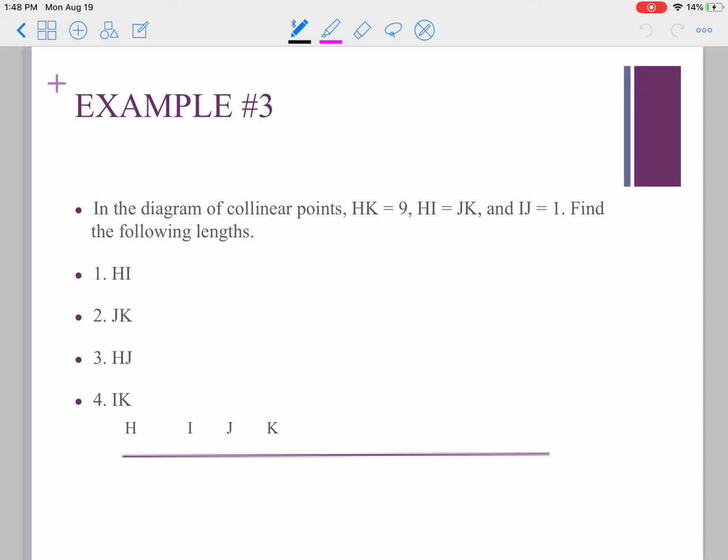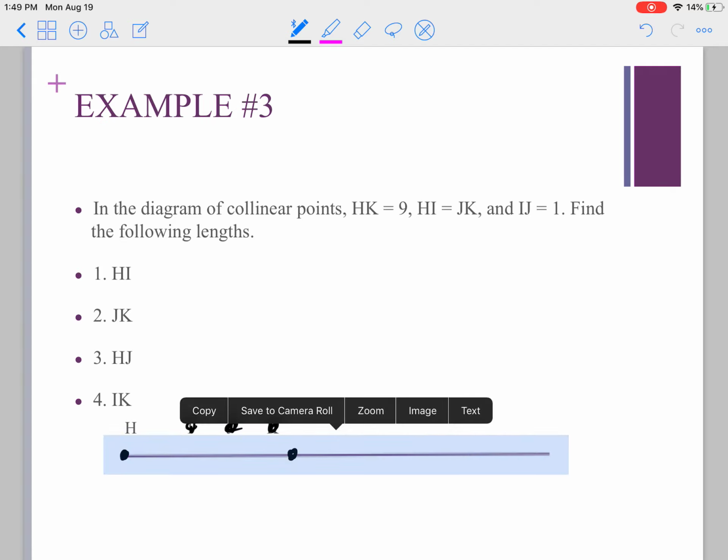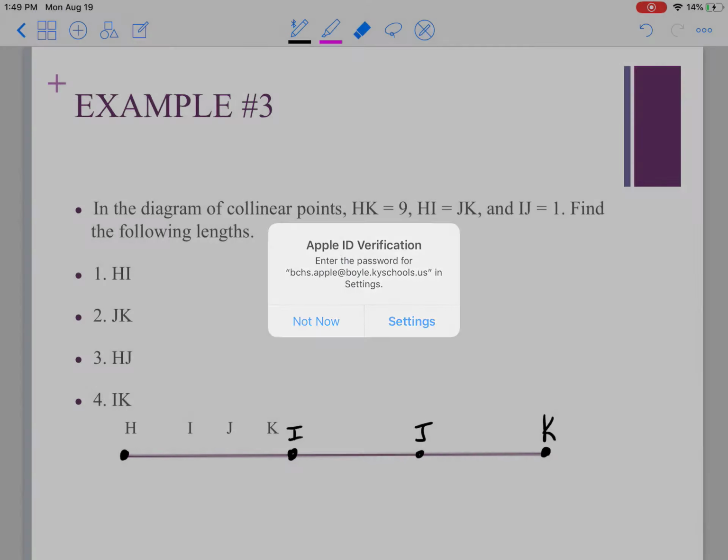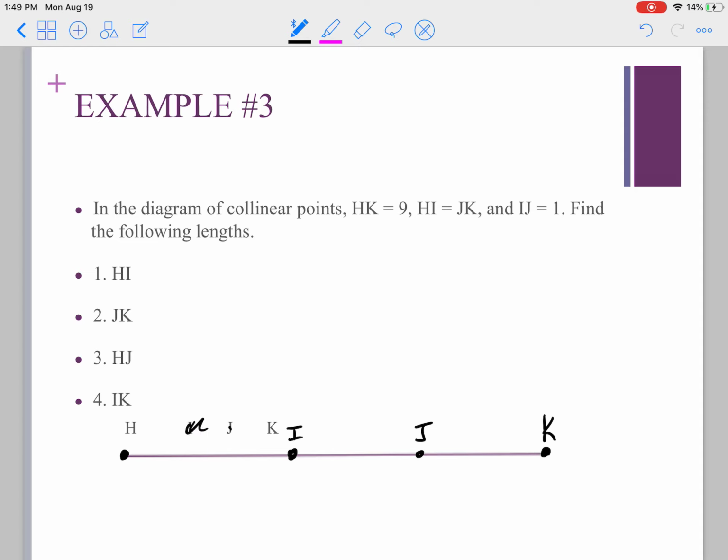Example number 3. So in the diagram of collinear points, once again, we just need to probably move these to where they're a little better. Let me label them before I erase. So we have H, we have I, we have J, and K. And so let's get rid of these just so it looks better.